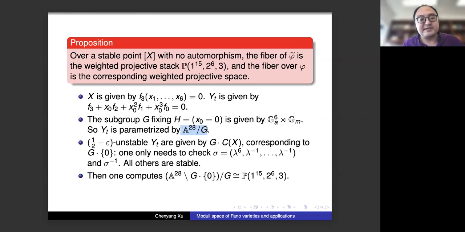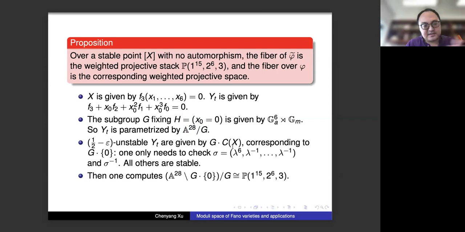So my claim is the only unstable ones are given by G dot cone. Because if you know it's half stable, then you only need to check, among the weights which are 0 with respect to the half linearization, which ones destabilize your YT.